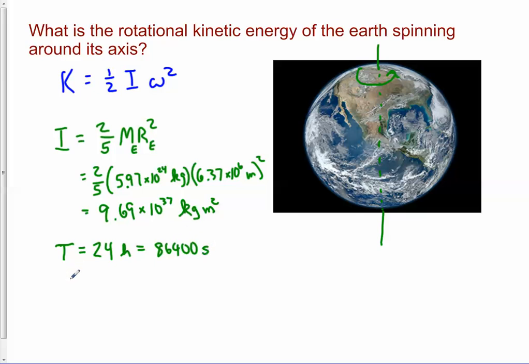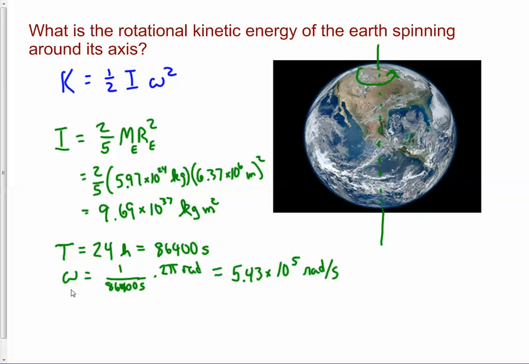And so then, as we did on the previous problem, to get our omega, we're going to take 1 over that, which is just the frequency, in hertz. And then we multiply by 2 pi radians. That gives 5.43 times 10 to the 5th radians per second. So that's the angular velocity of the Earth as it spins around its axis.